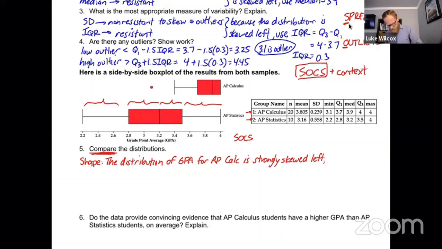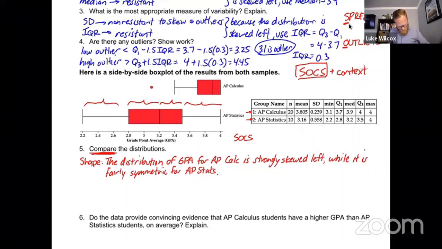So I'm going to say, while it is fairly symmetric for AP Stats. So we've definitely compared the 2 shapes here by noting that they are not exactly the same shapes.